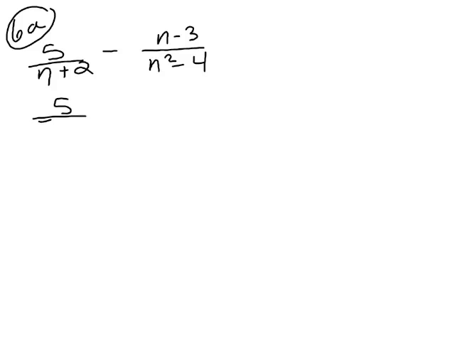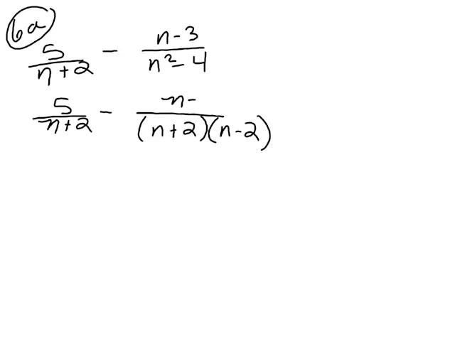We'll have 5 over n plus 2 minus n minus 3 over n plus 2 times n minus 2. So what am I missing to have a common denominator? N minus 2. Okay, so everything over here needs to get multiplied by n minus 2.